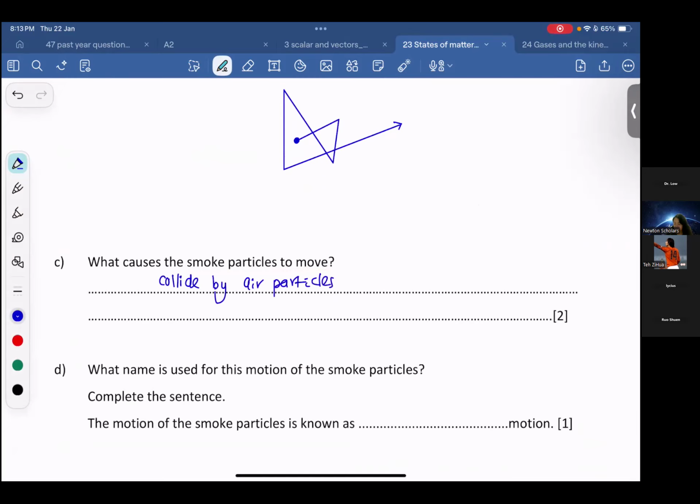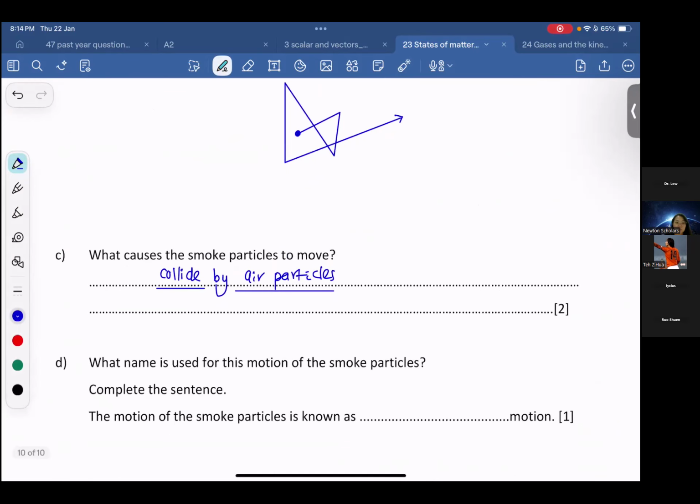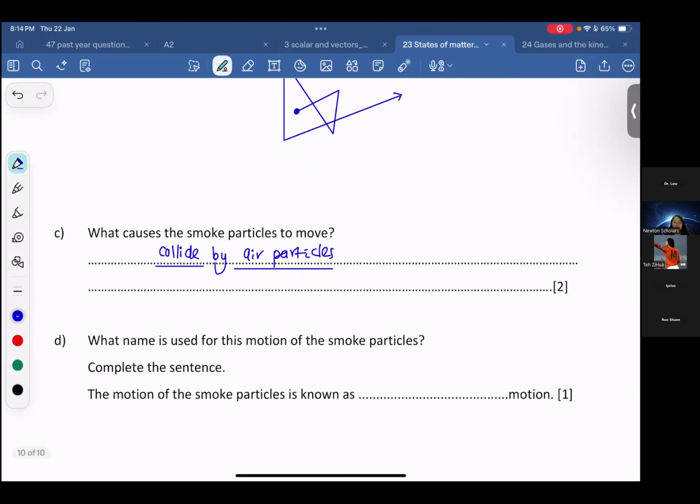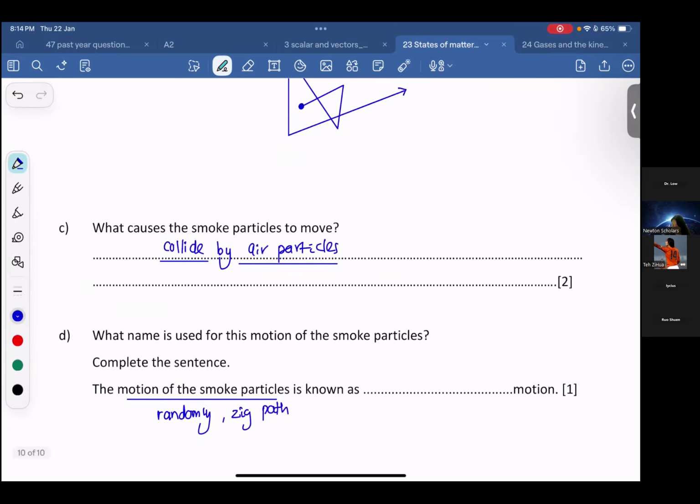It's the same answer. Collide is 1 mark. You understand what happened: the smoke particle collided with air particles. The motion of the smoke particle is random and in zigzag path. These motions, we call Brownian motion.